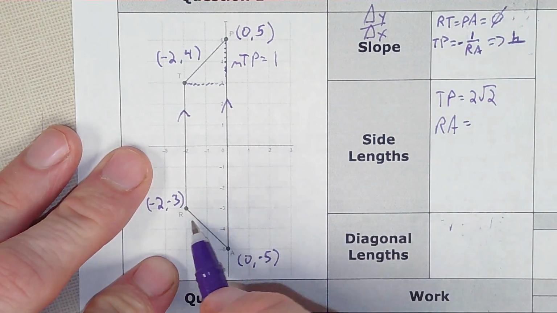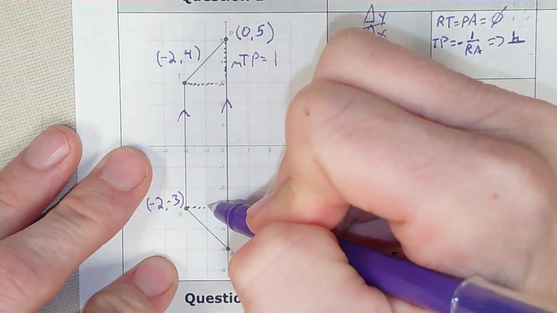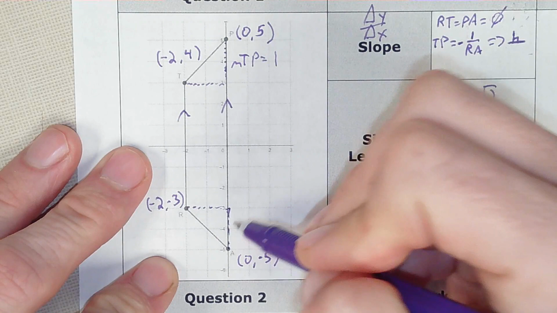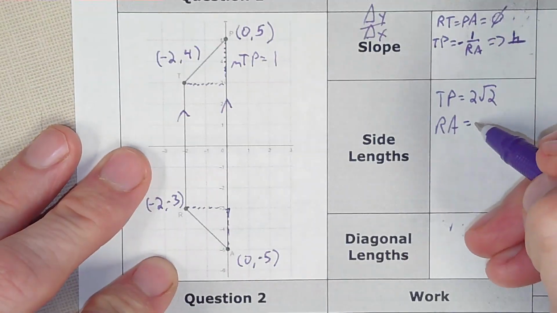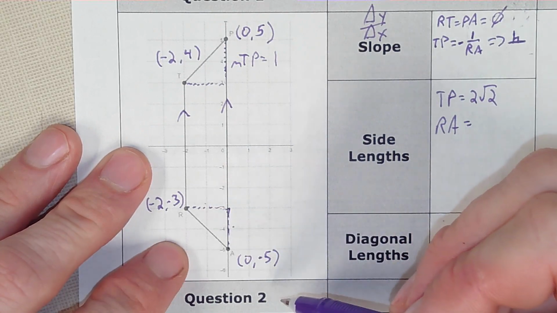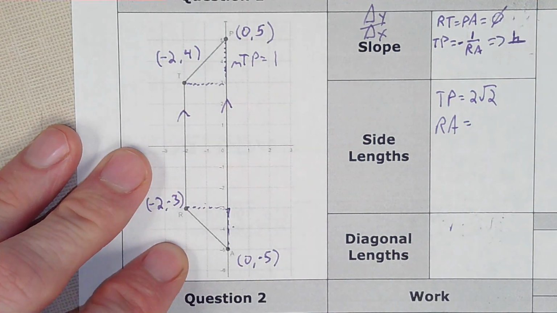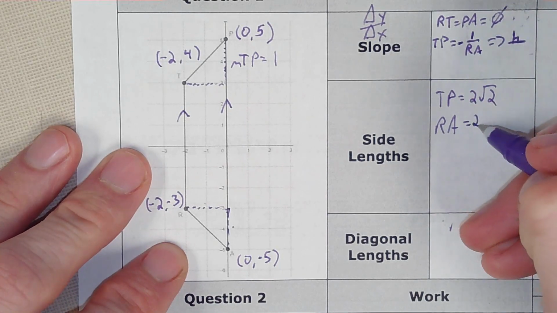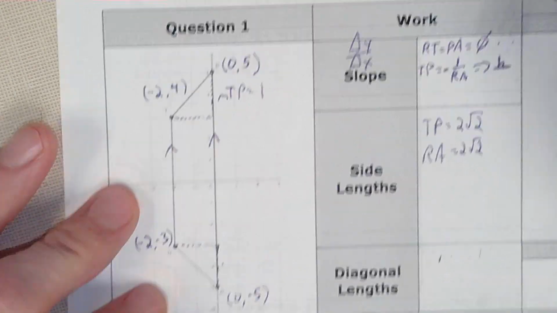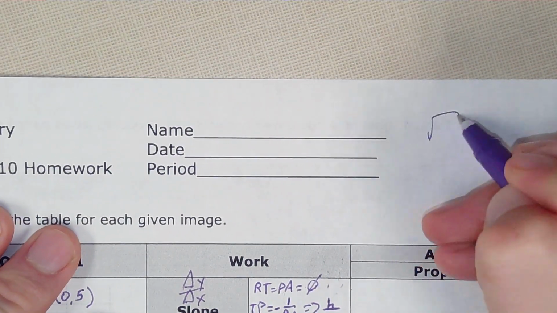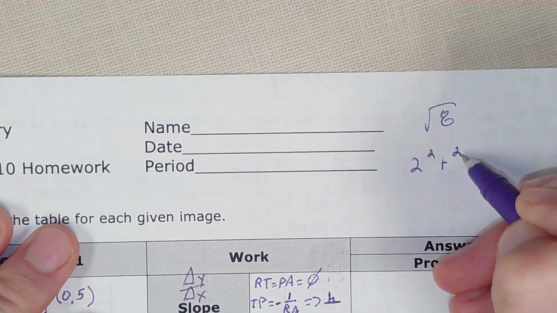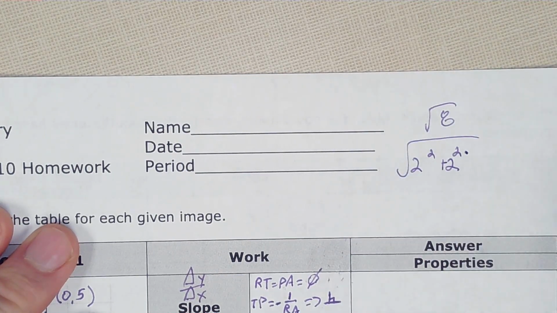RA equals 2 this way, 2 that way, and 2 that way. Okay, so that's going to be 2 square root of 2 as well, because 2 squared is 4, 2 squared is 4, 4 plus 4 is 8, and the square root of 8 is 2 square root of 2. If you can't figure out why I got 8, I go square root of 8, right, so it's 2 squared plus 2 squared, right, that's what I got.